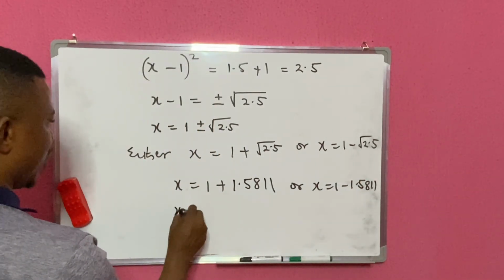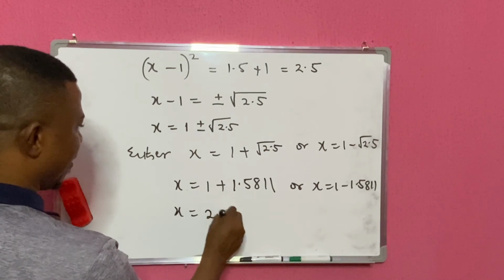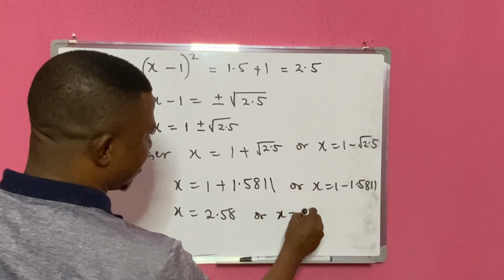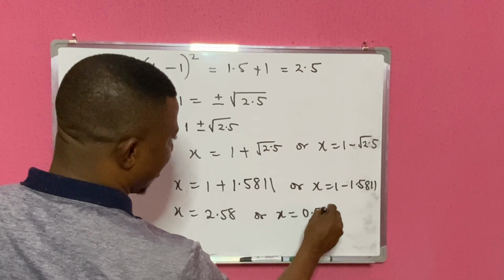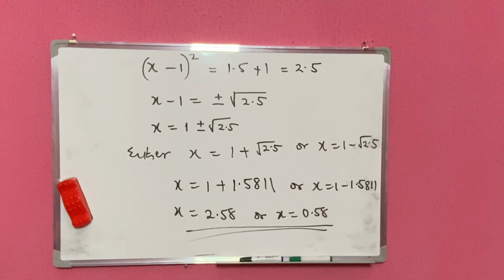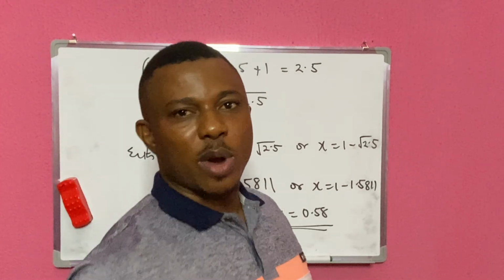So x is equal to 2.58, or x is equal to minus 0.58. This is your answer. Very simple. That is how to handle the completing the square method.